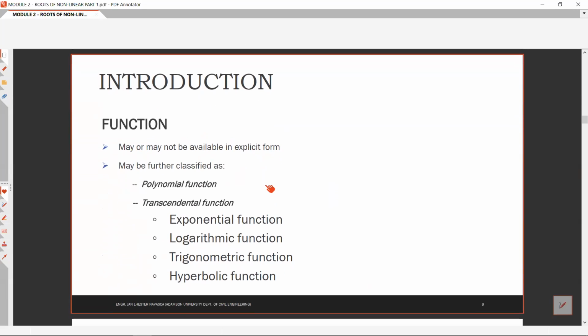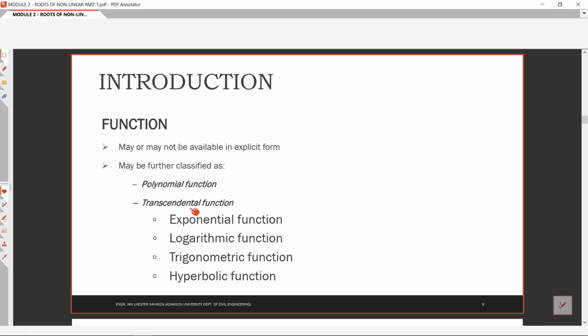A function may be classified as a polynomial or a transcendental function. You already know the polynomial: a function with x raised to n. Those are polynomial functions. What about transcendental functions?